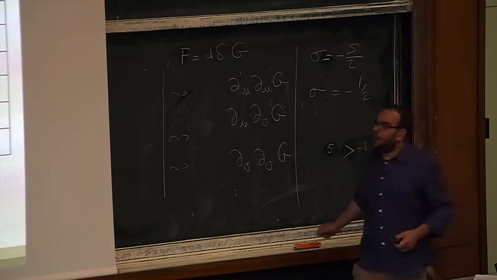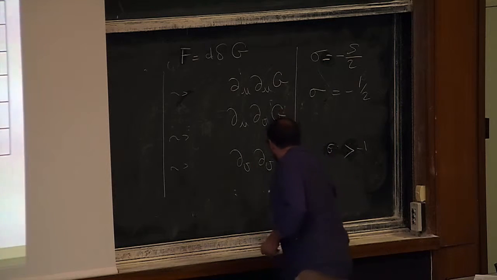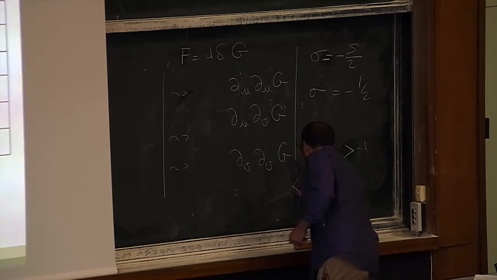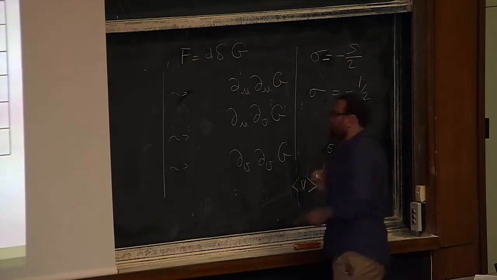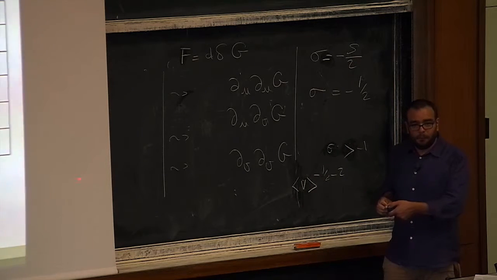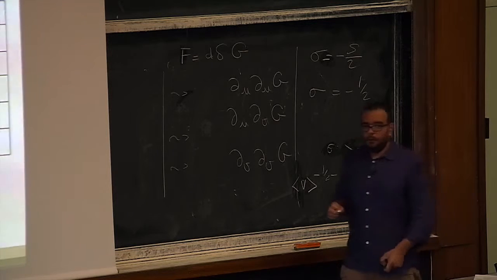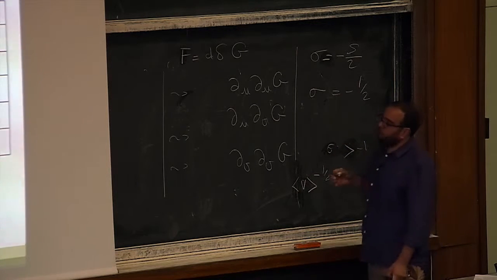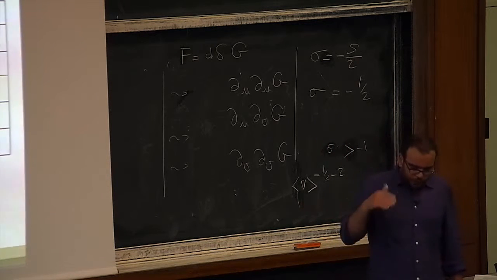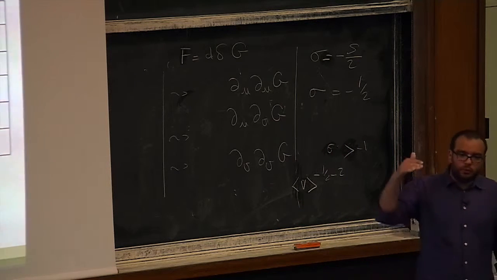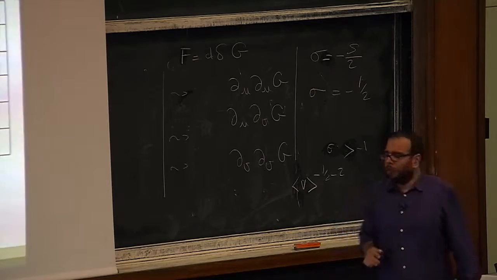And so this is why I have to resort to the formula that here, I will decay like v to the minus 1 half minus 2, which gives us minus 5 half. Okay? So this is clearly coming from the fact that we don't have enough decay at the level of the wave equation to understand the decay of higher spin fields.